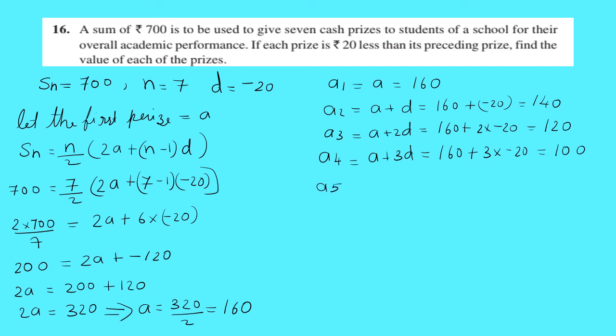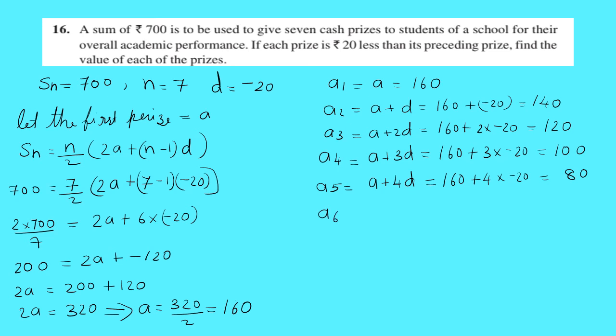Fifth prize, that is a5, that is a plus 4d equal to 160 plus 4 multiplied by minus 20, that is equal to 80.